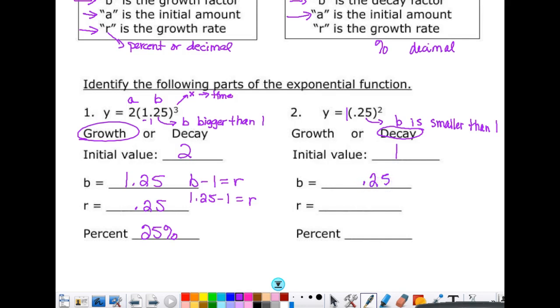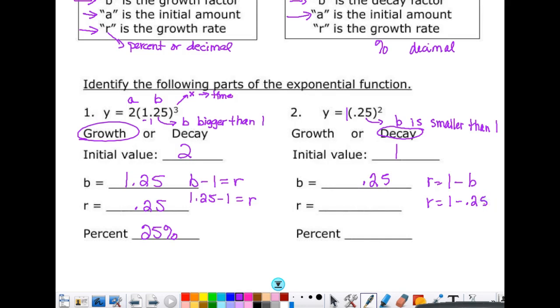It's whatever's in parentheses. You don't have to do any calculations to figure out what the B is. The R is, what does it say up there in your formula? How do you figure out R up there in your notes? R is 1 minus B, right? So 1 minus 0.25 is 0.75.